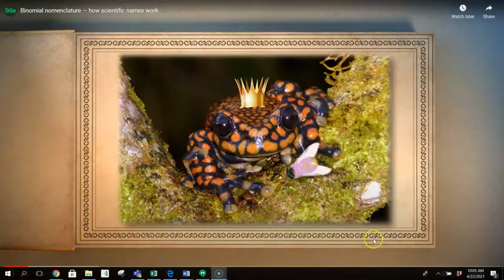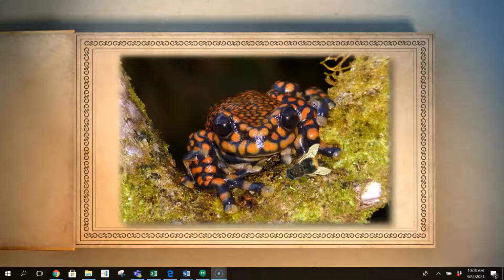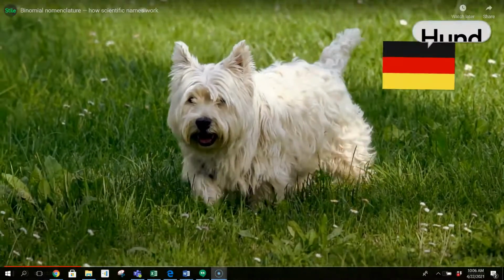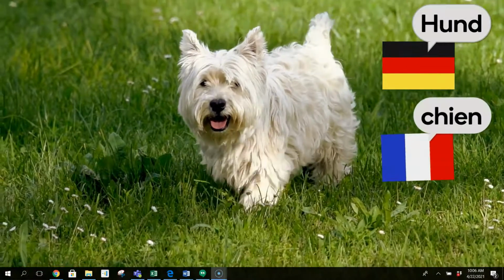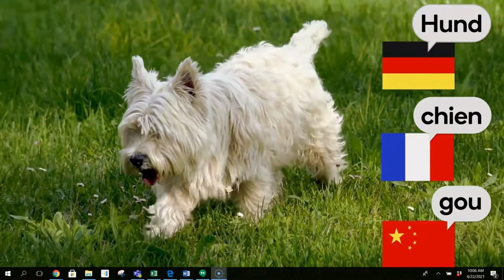Once upon a time, there was a frog and a fly. But this is not the beginning of a fairy tale, or the tale of how these two animals got their names. Their scientific names, to be exact. You may have noticed that animals have different names in different languages. For example, the word for dog is Hund in German, Chien in French, and Gou in Mandarin.